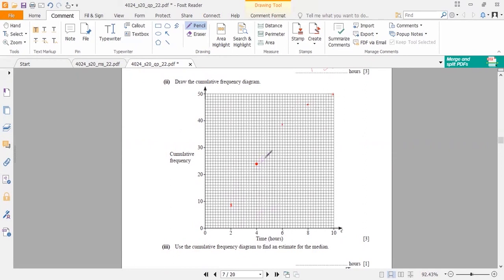And less than or equal to 6, this is 39, and less than or equal to 8, it will be 46, and less than or equal to 10, it will be 50. Okay, now we have to make the line. The curve is like this. So this kind of curve is drawn.